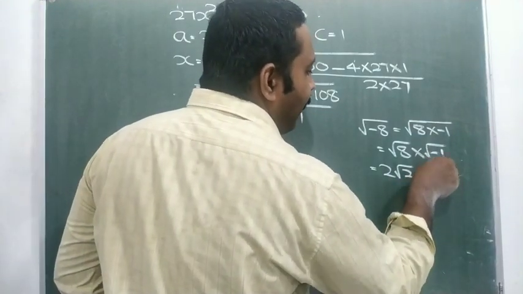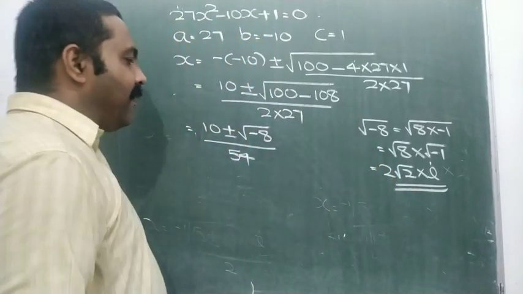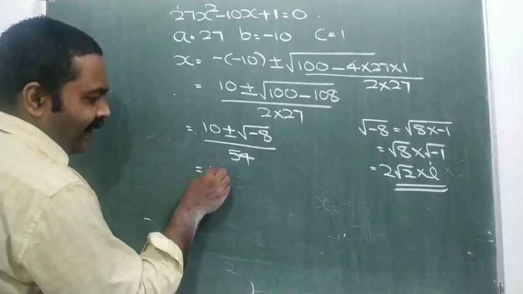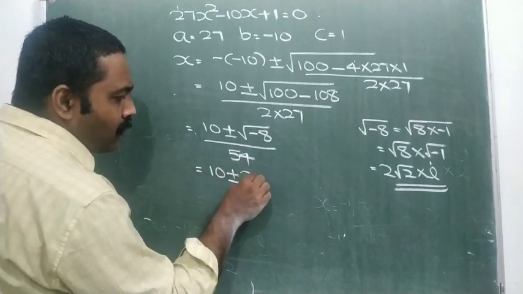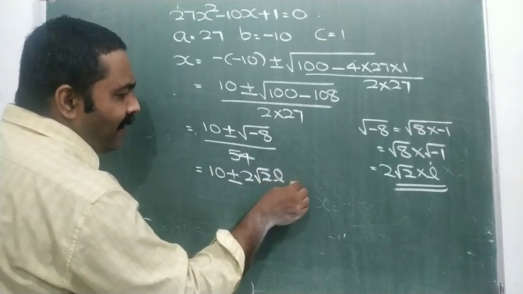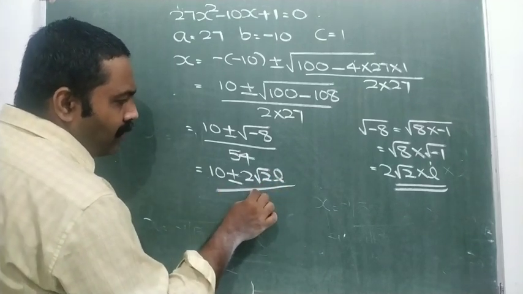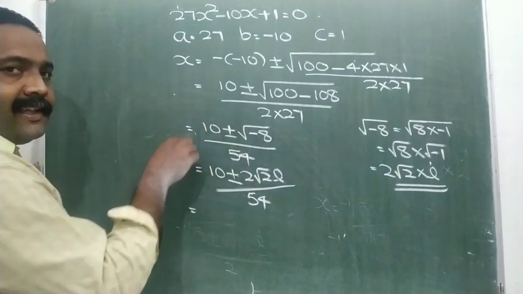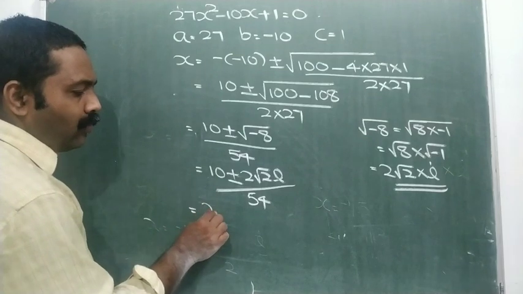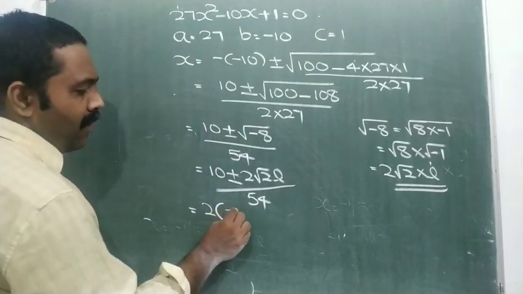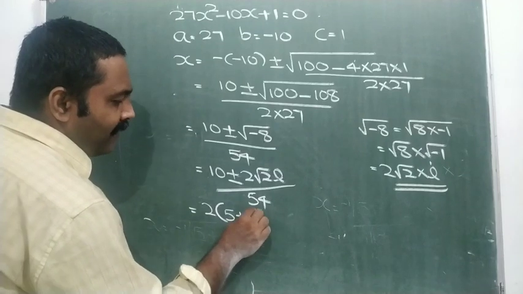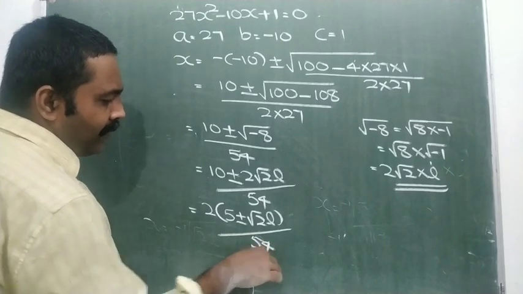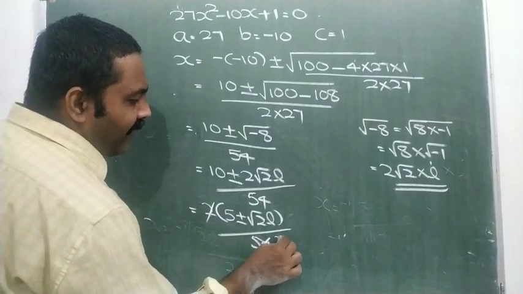Into root minus 1 is i. That is 2 root 2 i. 10 plus or minus 2 root 2 i by 54. In the numerator, we can take the common factor 2 outside. 2 into 5 plus or minus root 2 i by 54. 2 into 27 is 54.